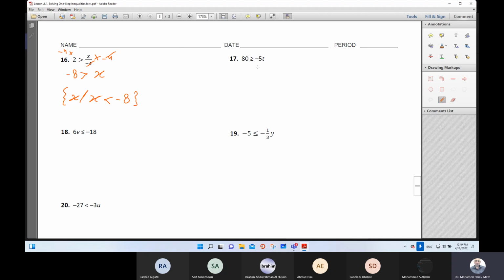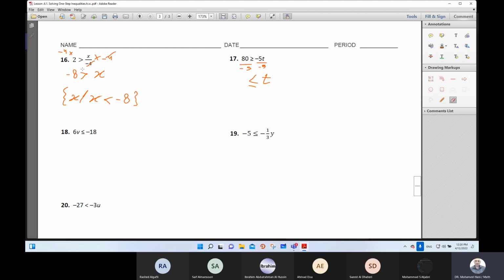Here, to solve this inequality, you must remove -5. To remove -5, you can divide the two sides by the same number. Divide here by -5 and divide here by -5. So -5 divided by -5, 1t means t. And here we have a problem. Always when you divide or multiply by a negative number, switch the direction of the inequality.